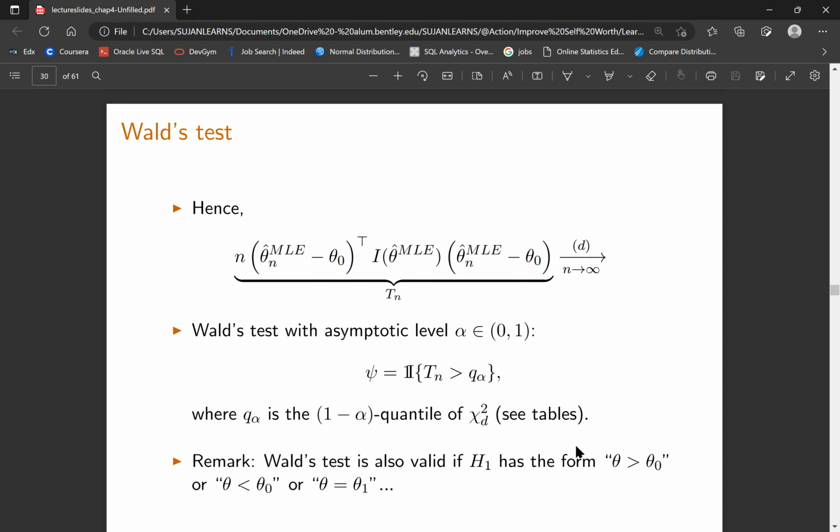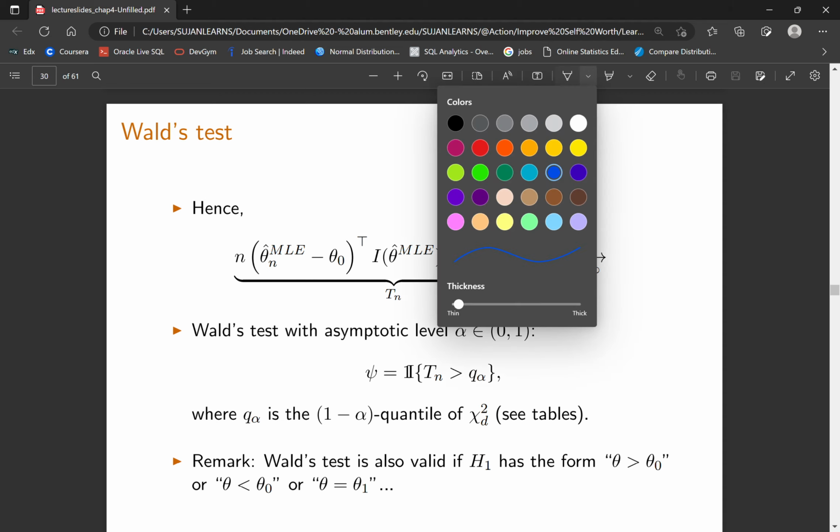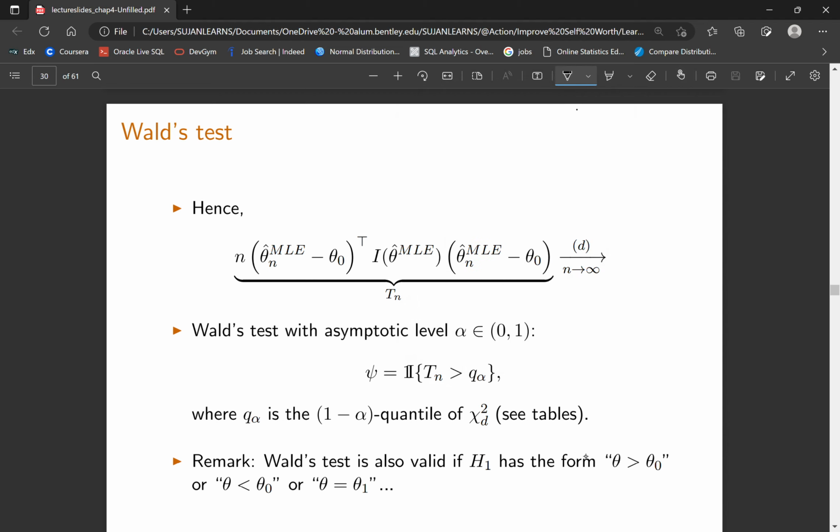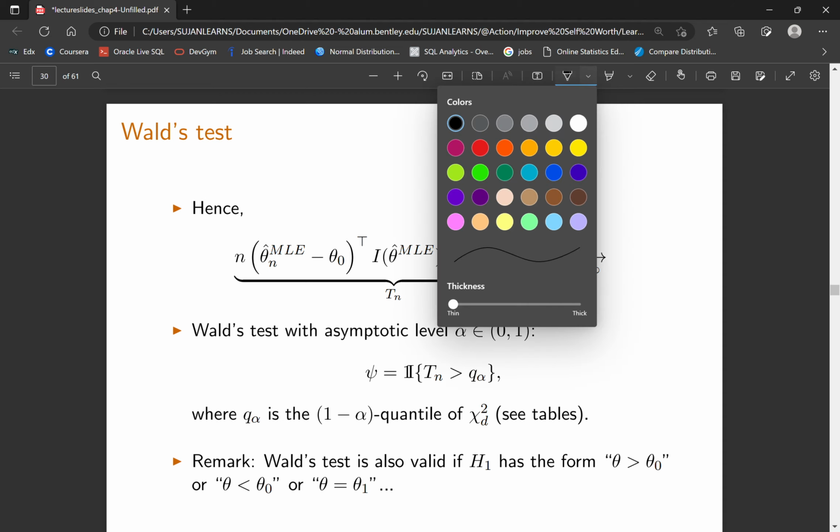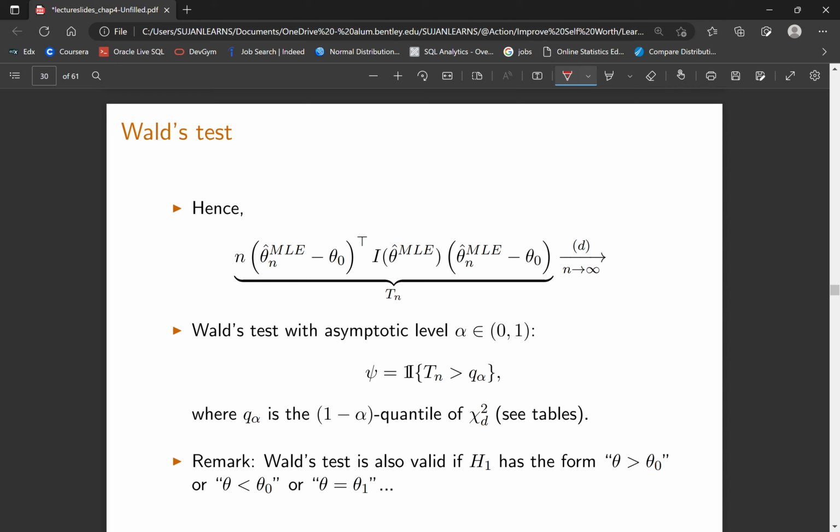We had something like this, where H naught is theta MLE equal to theta naught, and H1 is theta MLE not equal to theta naught.